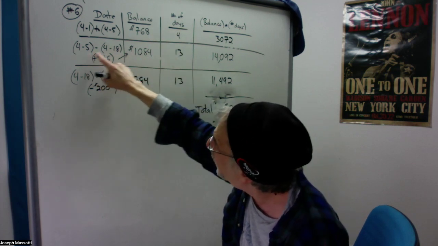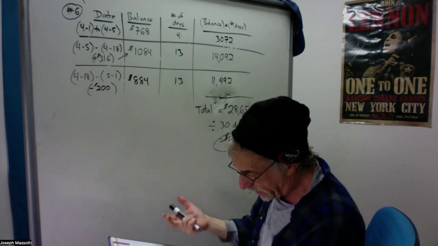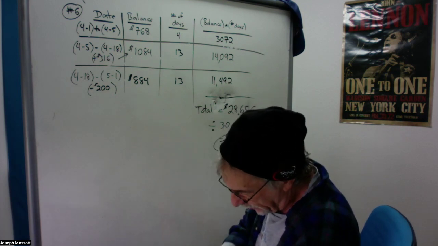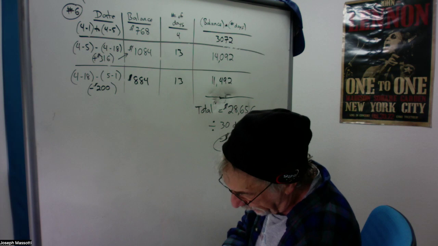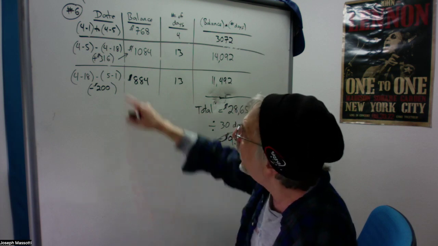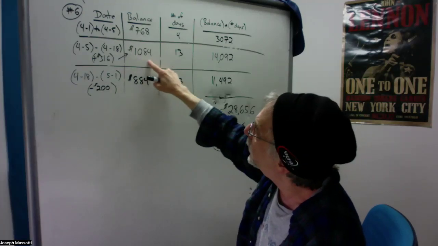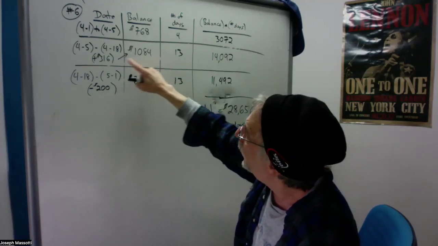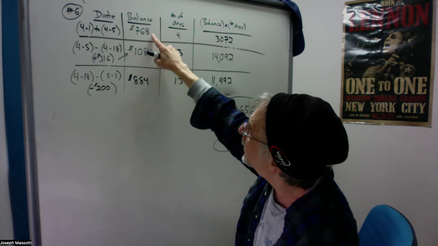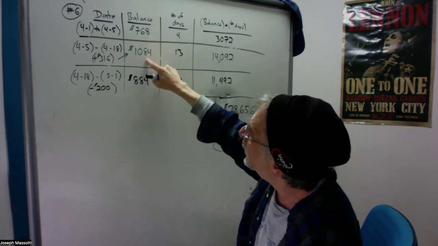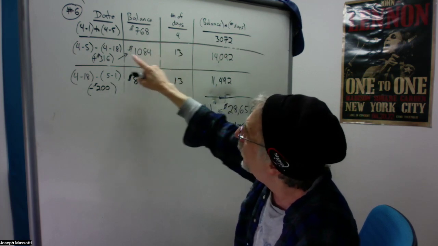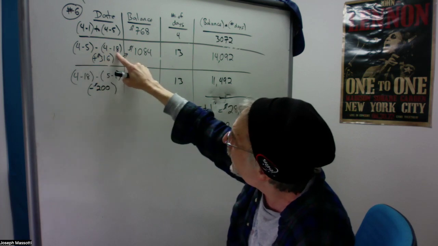And now from the 5th until the 18th, that's when the next transaction was made. On April 18th, a payment of $200 was made. So from the 5th to the 18th, the balance was this much. We added that purchase of $316 to the existing balance, and we had this balance from the 5th to the 18th.